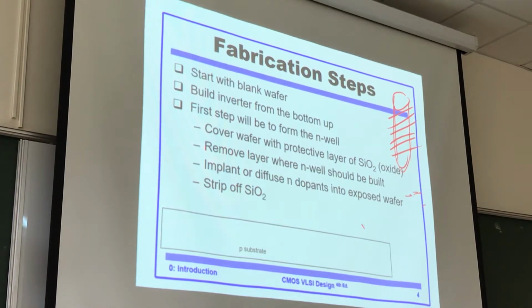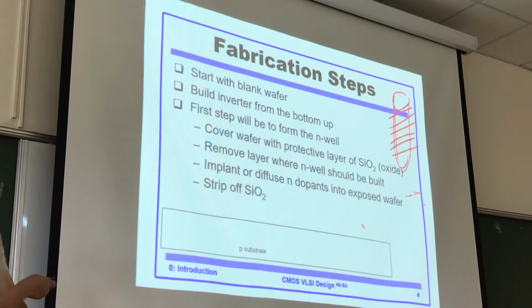And then we remove the layer where the n-well should be built. And implant or diffuse n-type dopant into the p wafer to get the n-well. And then we strip off the SiO2 on the surface. Let's look at the following slide.